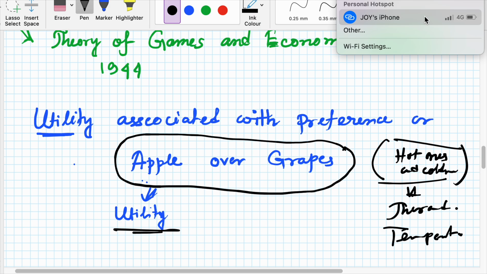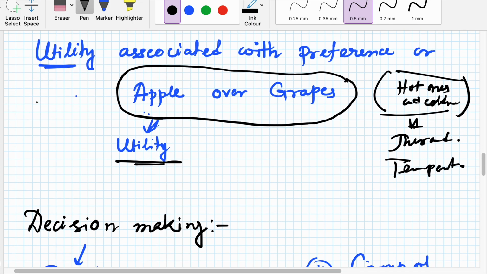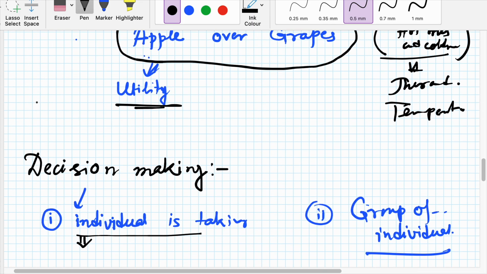Similarly, in the case of preference or interest, von Neumann and Morgenstern in their book, by analogy with thermodynamics, introduced a concept called utility. And what is utility? That we will learn in this class. We will basically see the axiomatic treatment of utility. So let's see.